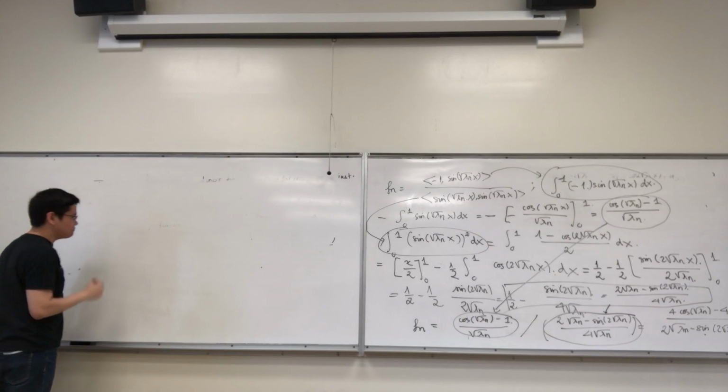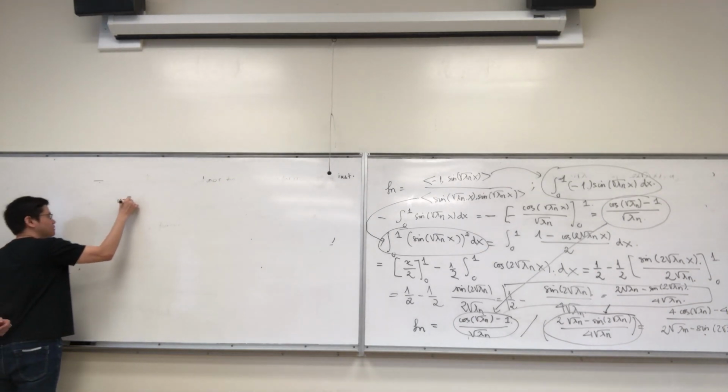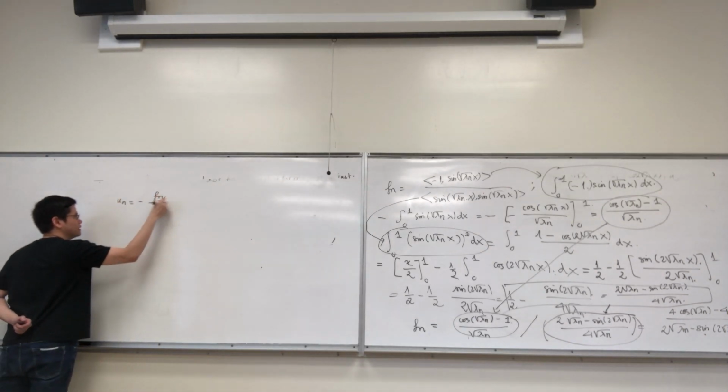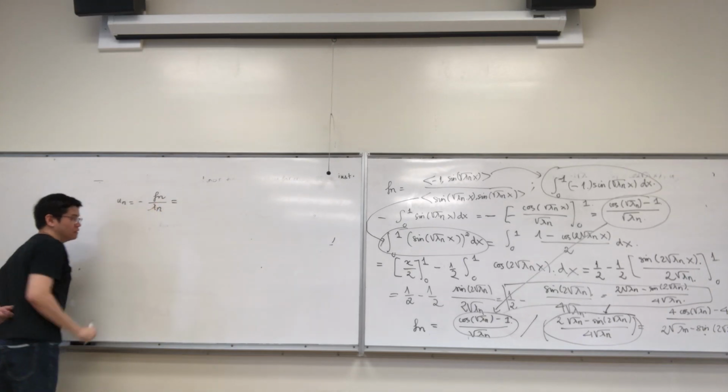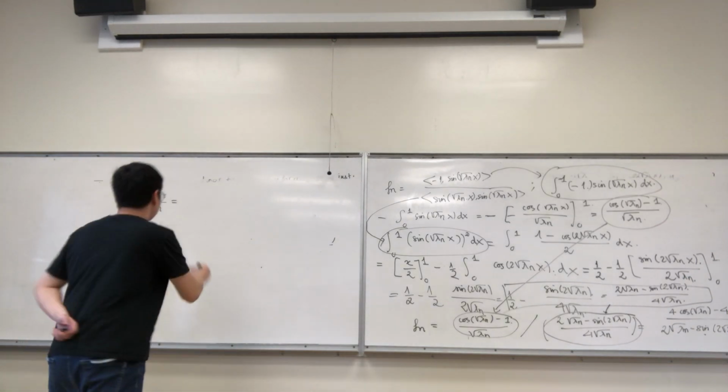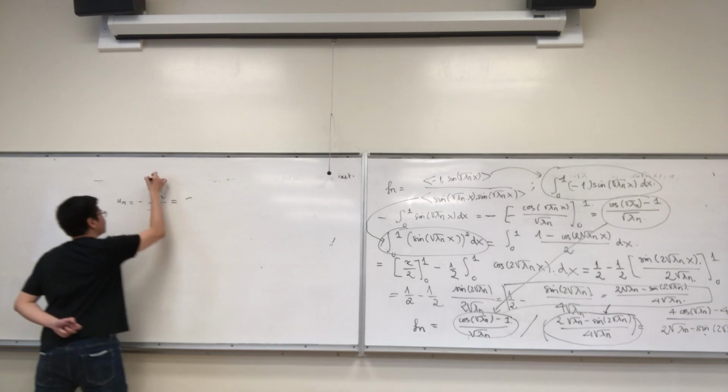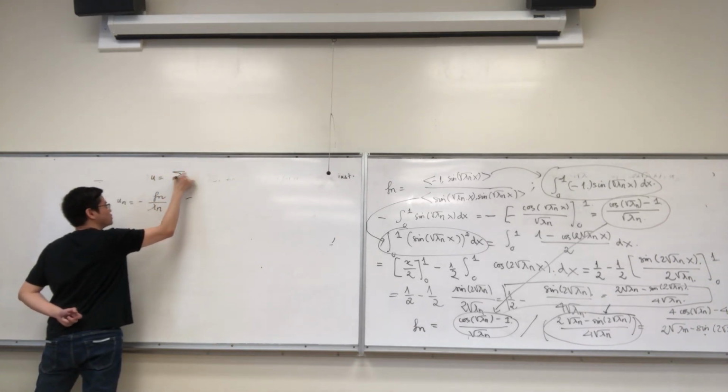So now you have that Fn, and so you have Un will be minus Fn dividing by lambda n, which is minus, so I have U, the solution will be somewhere, and this is step 3.